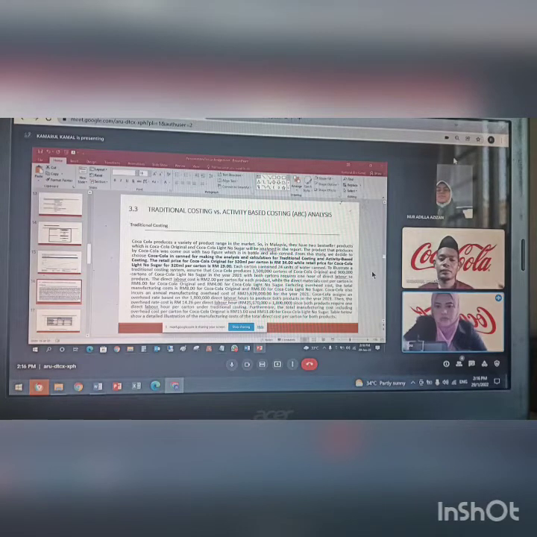The retail price for Coca-Cola Original, 320 ml per carton, is 34 ringgit, while the retail price for Coca-Cola Light No Sugar, 320 ml per carton, is 29 ringgit.